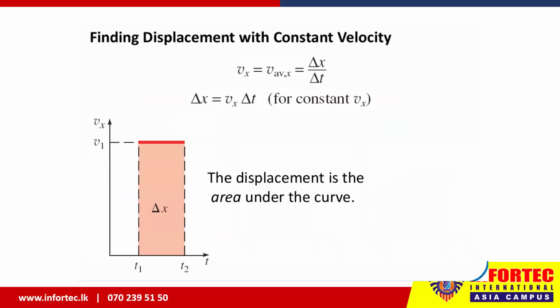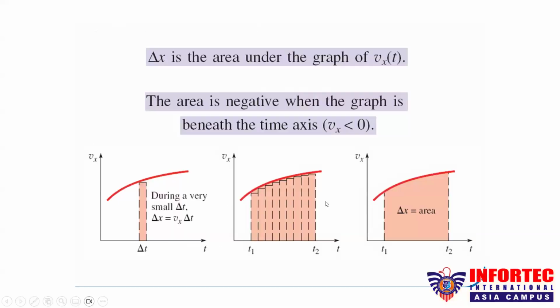With the constant graph, the area under the curve means the area of the rectangle. These are also variable velocities, but the theory is the same. The area under the curve represents the total displacement of the object, right?